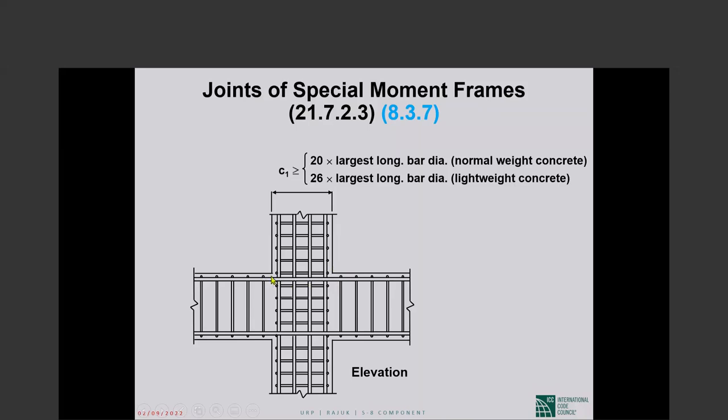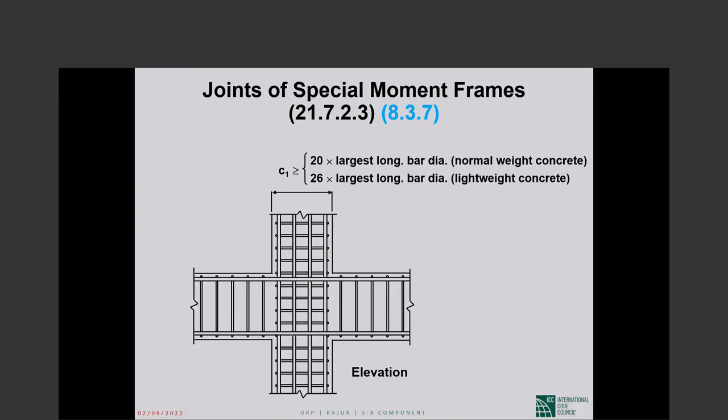The same bar is in compression at this face of the column. Here, it is negative bending moment. The positive reinforcement is in tension. Here, it is positive bending moment. The top bar is in compression. So the stress in the bar changes from compression to tension within the narrow confine of the column.